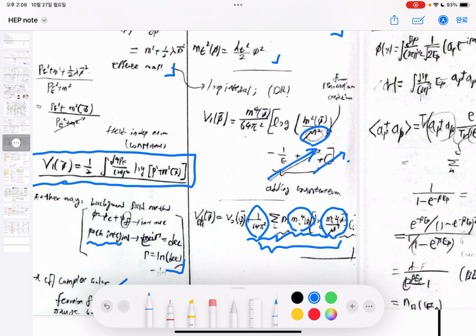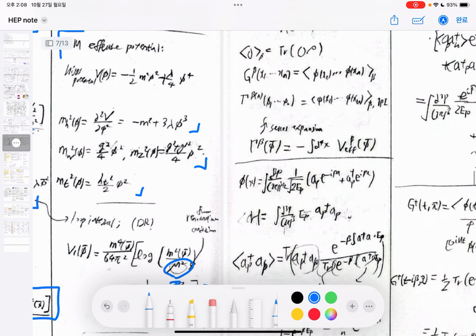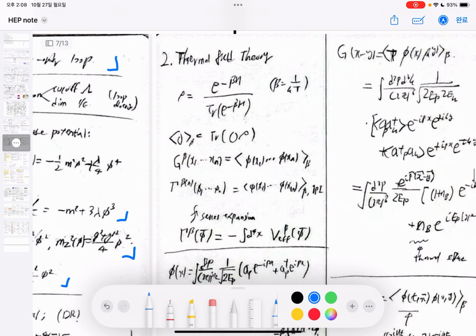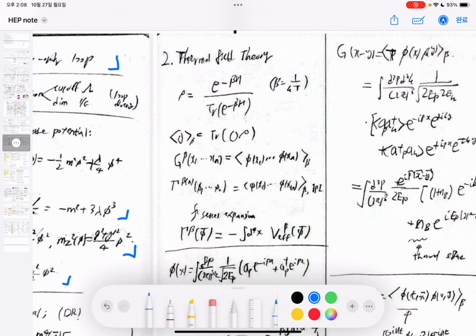So this gives the zero temperature one loop effective potential, which we already discussed.